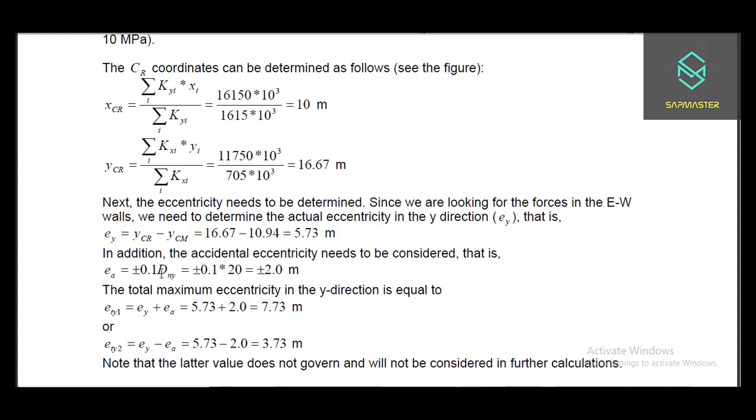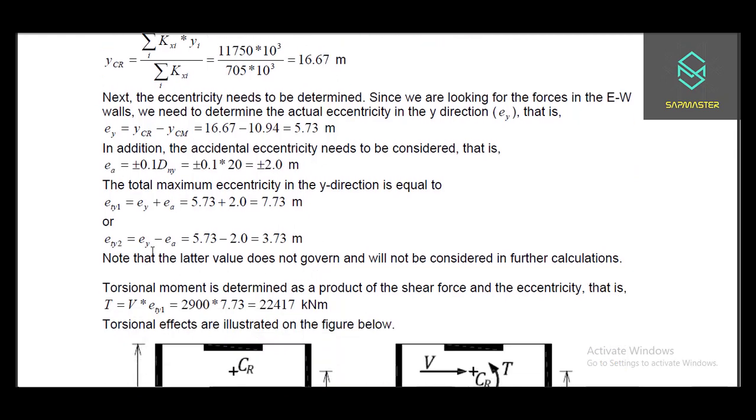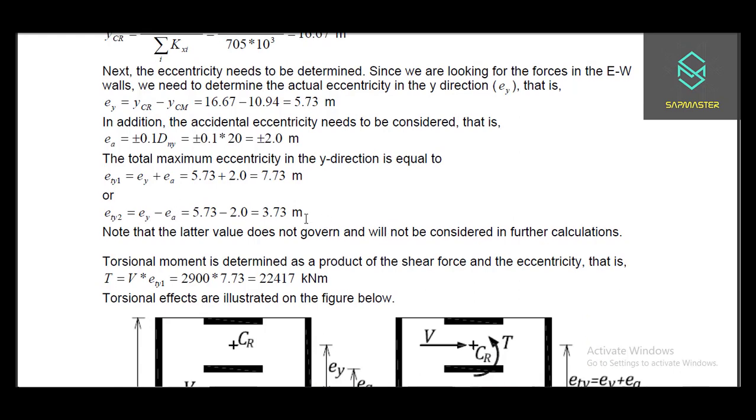And in addition, the accidental eccentricity needs to be considered, which is equal to this number. And the total maximum eccentricity in the Y direction is equal to EY plus EA. So you only need to add these two, or you can always do the negative part. So it doesn't govern and it won't be considered in further calculations. If it was bigger, we would use this number instead of this one.